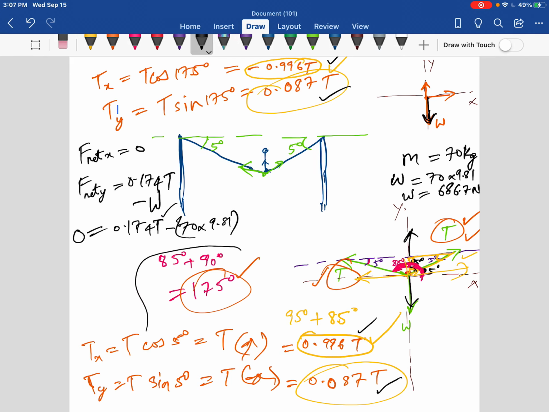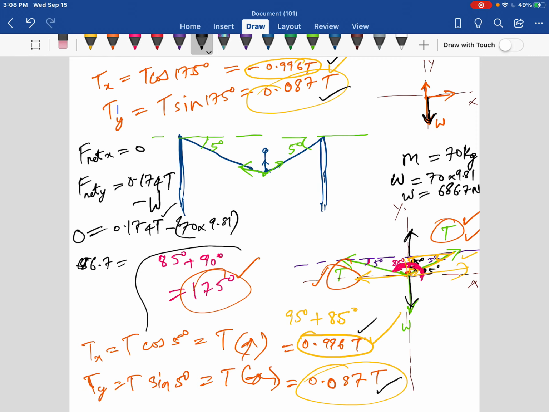From this you can see that the only unknown thing over here is this T. You can find the value of tension by doing this. So let me just quickly do that as well. 70 times 9.8 is 686.7. I'm adding this on both sides, so this goes away when I add that.